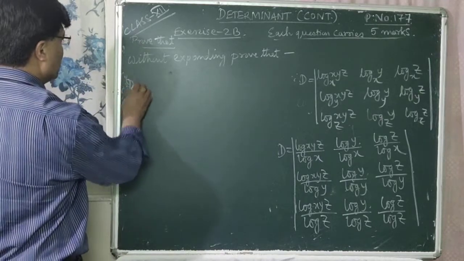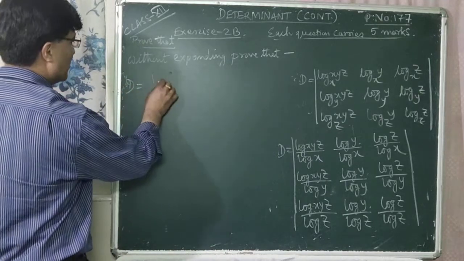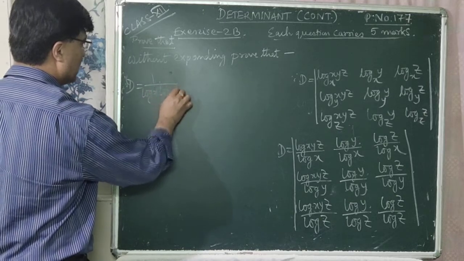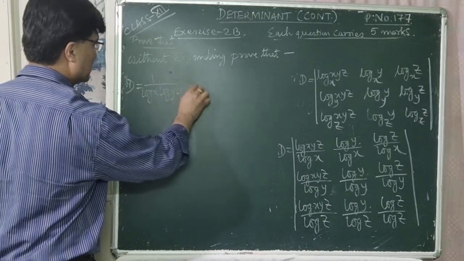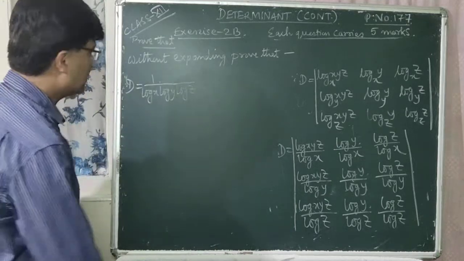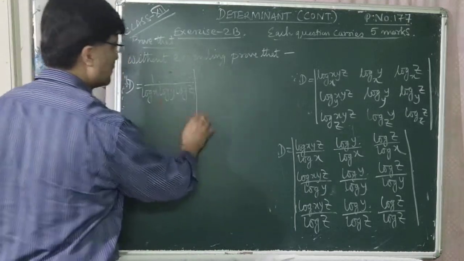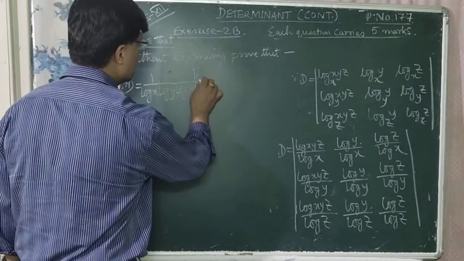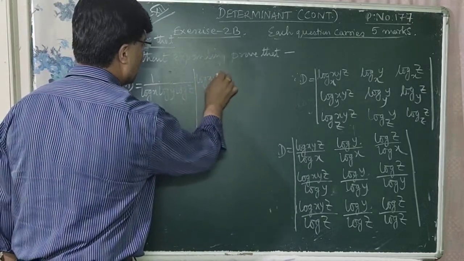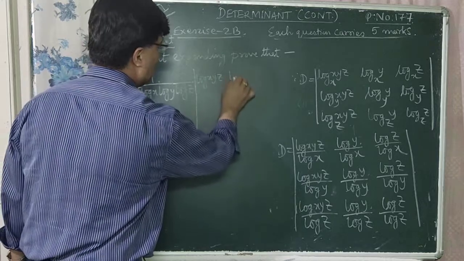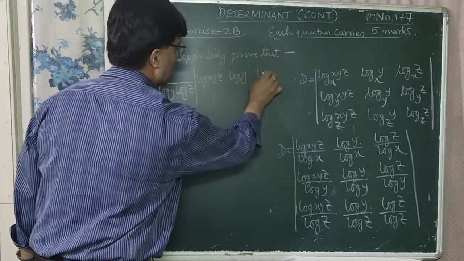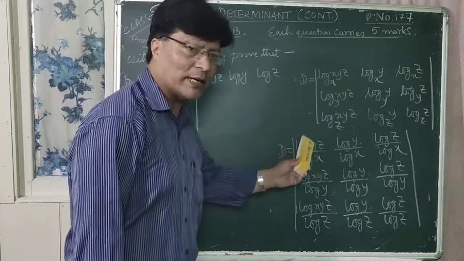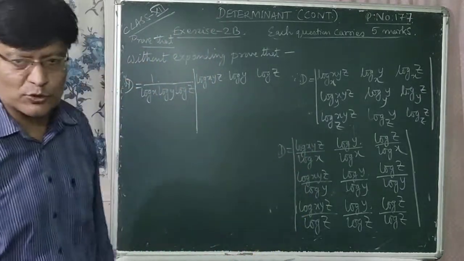So therefore D is equal to 1 upon log x, log y, log z taken common, right? So what is the first row now? It is log xyz, log y, log z, right? Because 1 by log x is taken common from the first row.